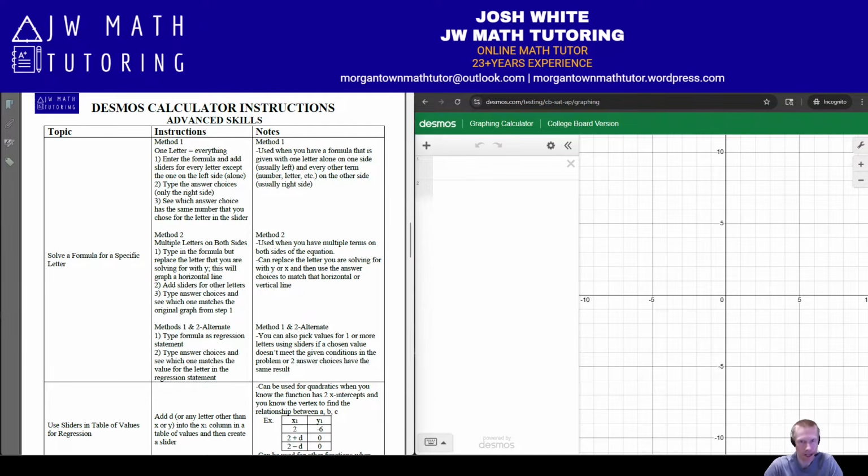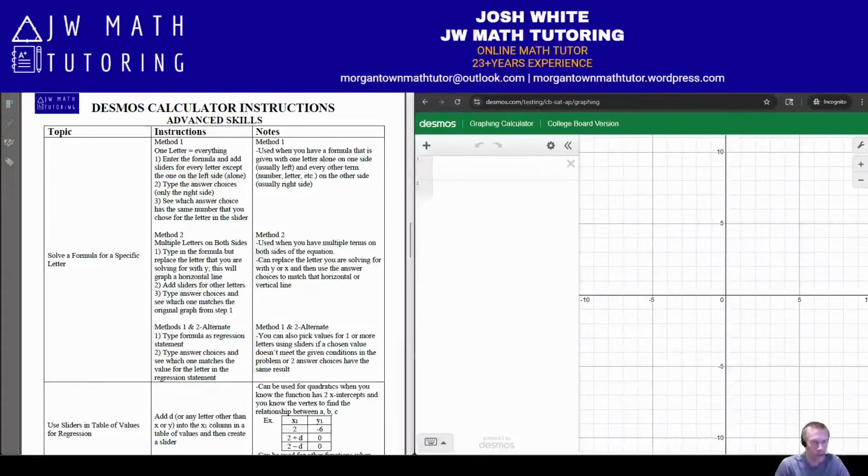All right, so with all that being said, I got my Desmos window up here, College Board version. First thing I want to talk about is the following. Solving a formula for a specific letter. So there are 2 different types of problems that you could come across where you have to solve a formula for a specific letter.